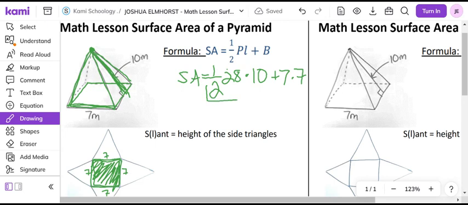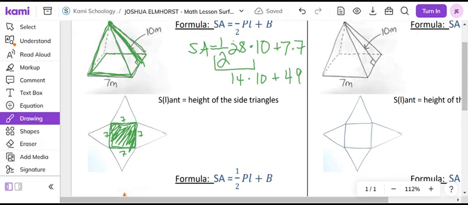Now, how you process this is up to you. You can do 1/2 of 28, you can do 1/2 of 10, but I like doing the 1/2 times a larger even number. So half of 28 is going to be 14 times 10, and then we need to add the base area, which is going to be 49.